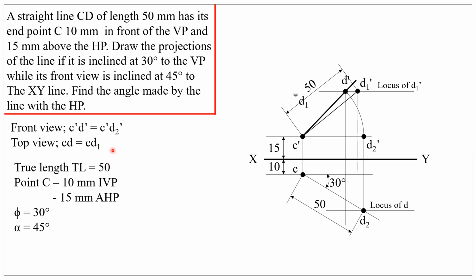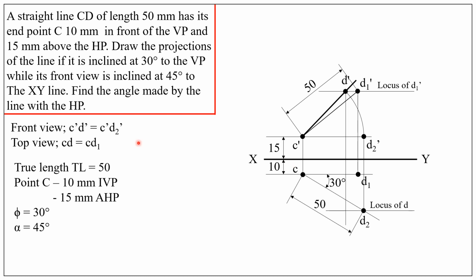So to find the position of D1, draw a perpendicular from D1 dash, and it intersects the horizontal through C at D1. Remember, C dash D1 dash is a front view assuming the line is parallel to VP. Since the line is parallel to VP, its corresponding top view is CD1, and in CD1, points C and D are at equal distance from XY because the line is parallel to VP.